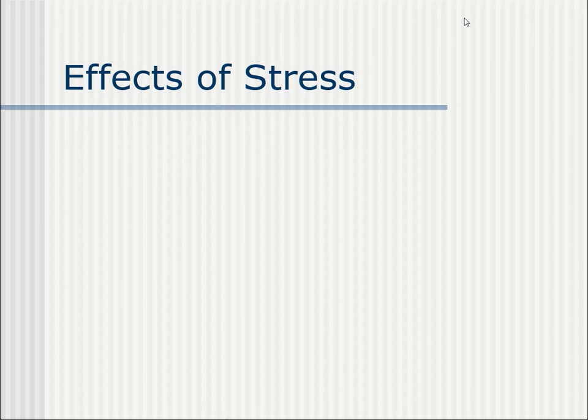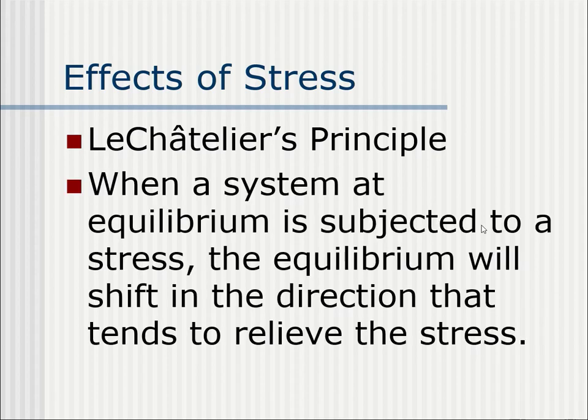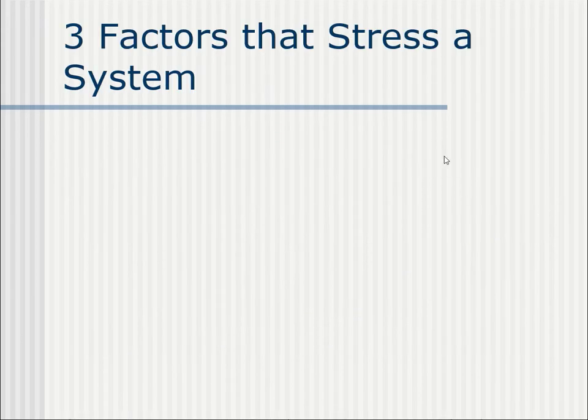That concept is called Le Chatelier's principle. Le Chatelier's principle says when a system is in equilibrium, in that nice cozy time, and is subjected to a stress, it is going to shift in a direction, towards the products or towards the reactants, that tends to relieve that stress. Let me explain what that means and show you an example.